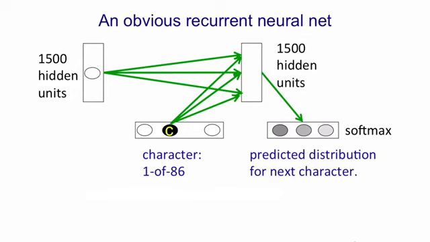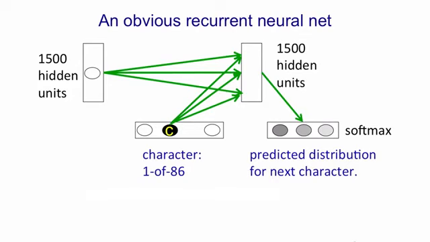So we have a single softmax over the 86 characters, and we get the hidden state to try and assign high probability to the correct next character and low probability to the others. And we train the whole system by back-propagating from that softmax the log probability of getting the correct character.